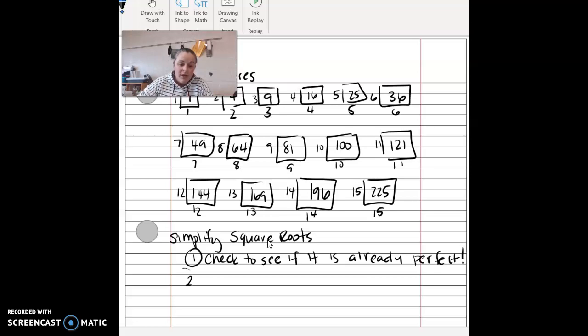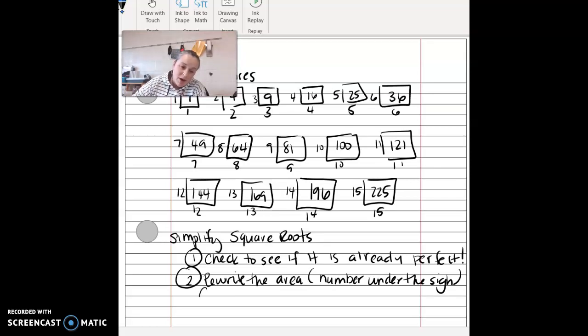Number 2, if it's not perfect, you're going to rewrite the area, so the number under the sign, as a product of a perfect square, so one of those numbers up there, and another number.